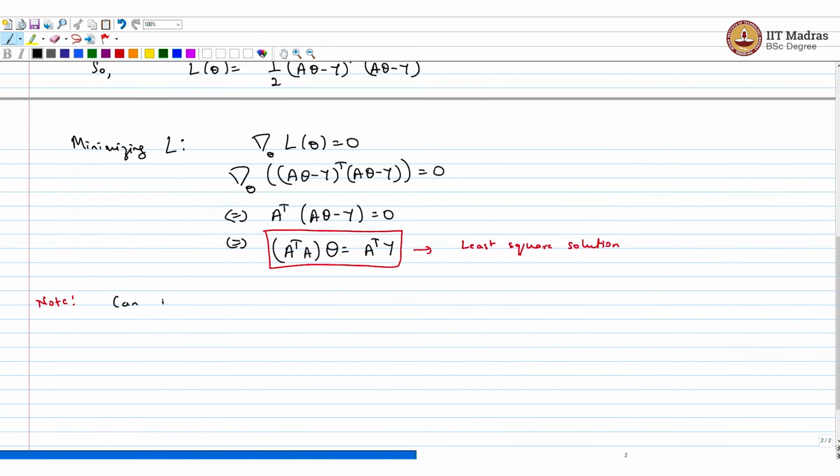Can we write theta equals A transpose A inverse A transpose y? The answer is yes, if A is full rank.